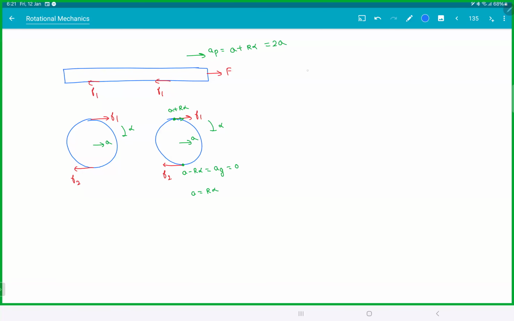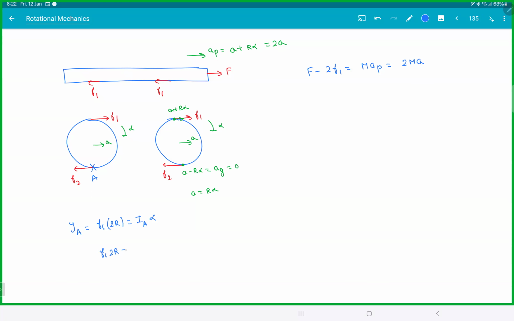Perfect. Now for this guy, F minus 2F1 will be mass into acceleration of the plank, which is 2ma. Now when you see the equation, I clearly know if I know F1, my job is done. And the best point to take torque about is A, because if I take torque about A, F2 goes off. Torque about A will be F1 into 2r is moment of inertia about A into alpha.